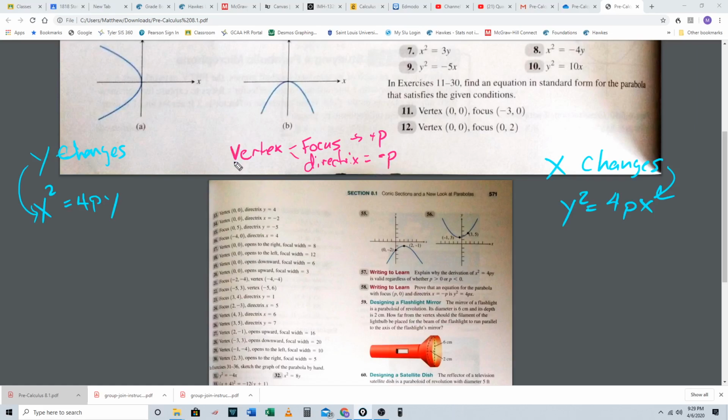Anyway, if we're given the focus and directrix without the vertex, then that'll give us 2 times p.